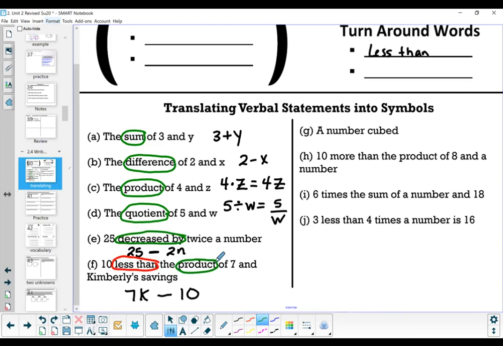Okay, G, a number cubed. So that's going to take a variable to the power of 3. Now, don't confuse that with the example if we said a number squared.